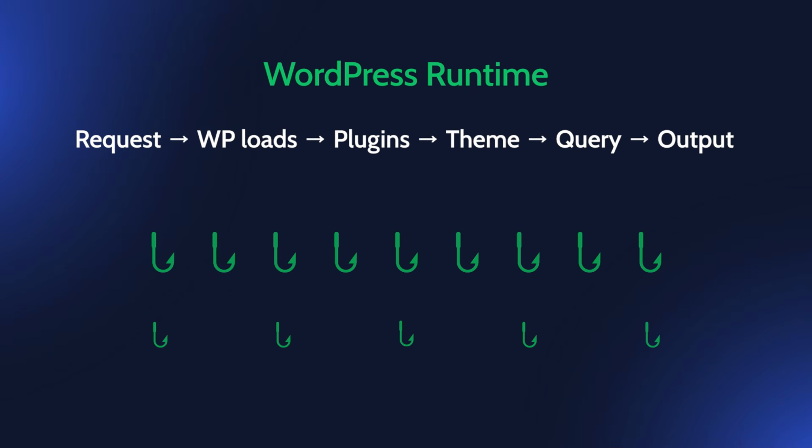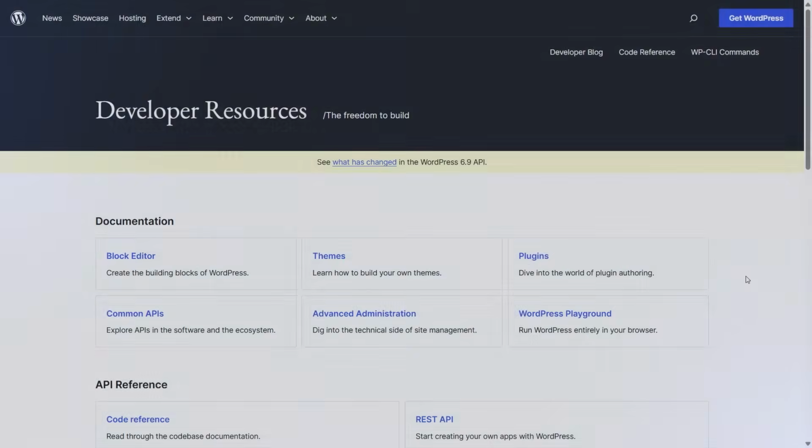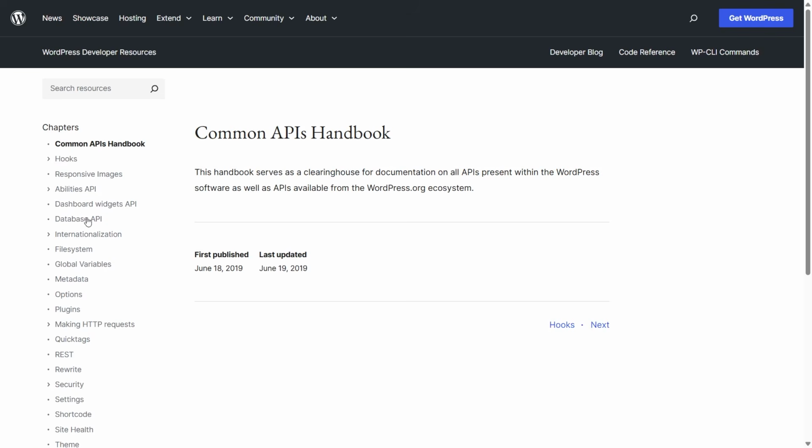Hooks solve that problem, and instead of modifying WordPress itself, we attach our code to specific moments in its execution. And that's exactly why they are called hooks, because we can literally hook our custom code to a specific moment of the WordPress runtime, to a specific hook. That's why WordPress.org has a hook reference, where you can find all the core hooks explained.